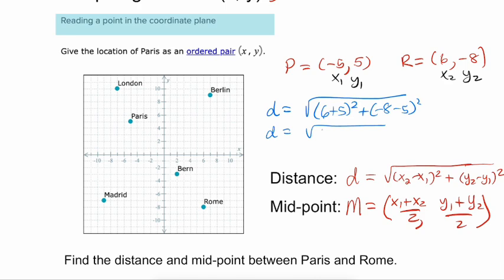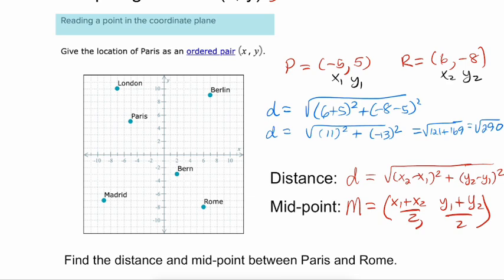So that's going to be 11 squared in the first parenthesis, and then the next one's going to be negative 13. Keep it in parentheses so that you will make sure that it becomes a positive when you do the actual math. 11 squared is 121. 13 squared is 169. Add them together and get 290.